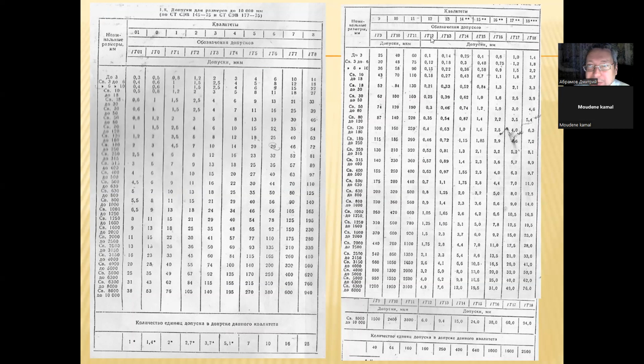For IT12, A is equal to 160. For IT9, A is equal to 40.